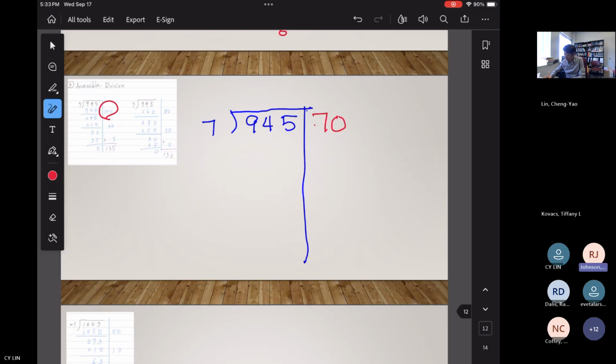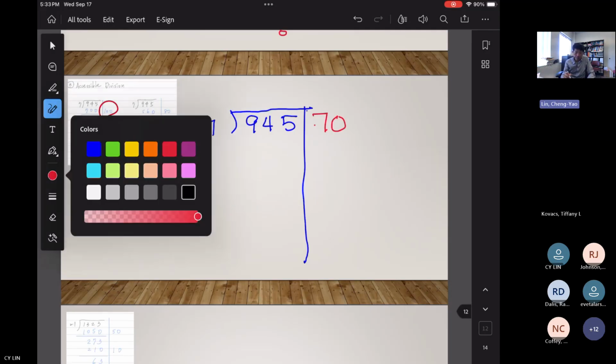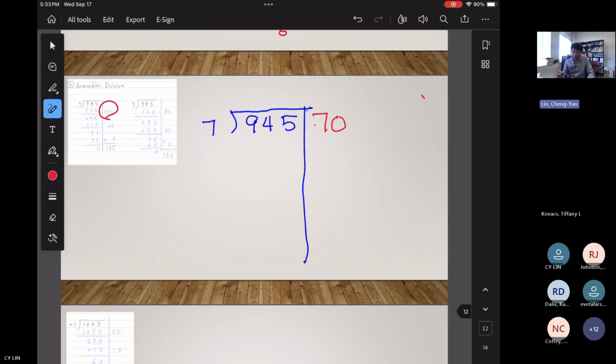All right, so let's check your answers. If I have a 70, then 7 times 70 is 490. Then I subtract this, and I have 455, is that right?